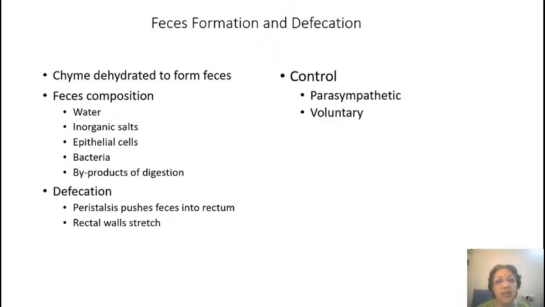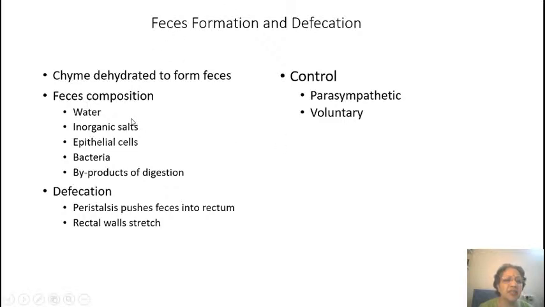So since we do not have the enzymes to digest cellulose, anything which is fibrous in our diet will come out as it is. It will enter the intestine without being broken down. So we can't call it end products of digestion, because end products will actually get absorbed. The byproducts, which don't get acted upon, will become the constituents of feces.